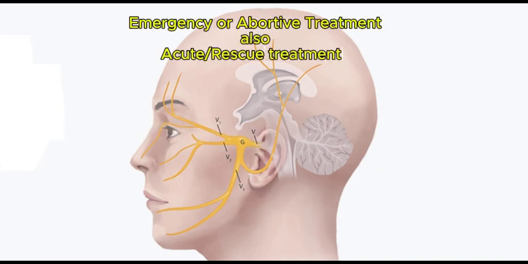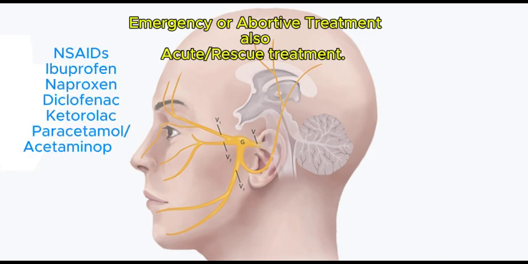Emergency or abortive treatment. Acute treatment is aimed at stopping the development of headaches. In the first line of treatment, we count with non-steroidal anti-inflammatory drugs. It is considered effective in many cases and should be taken quickly when the headaches start and with a single large dose.